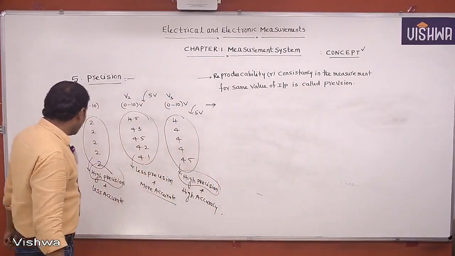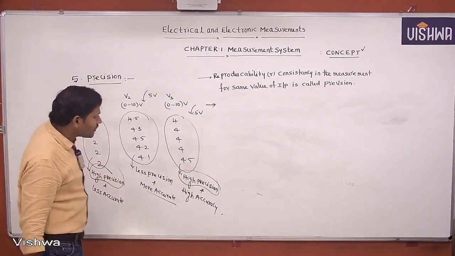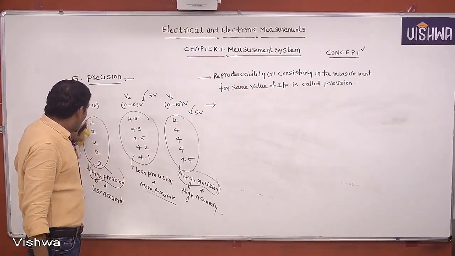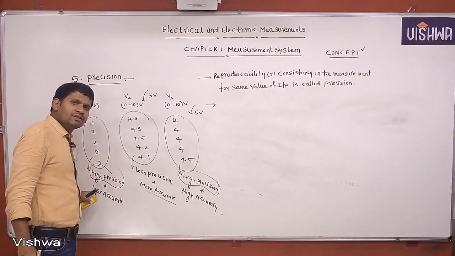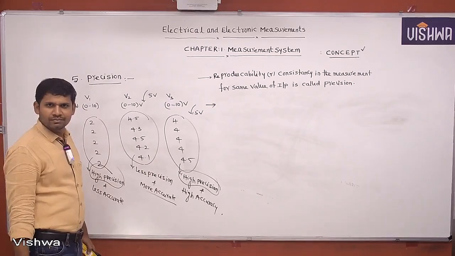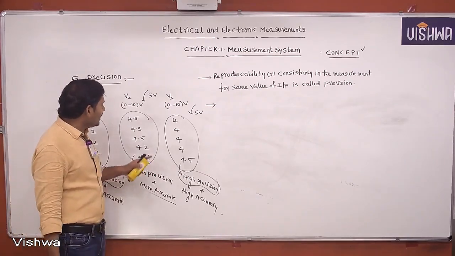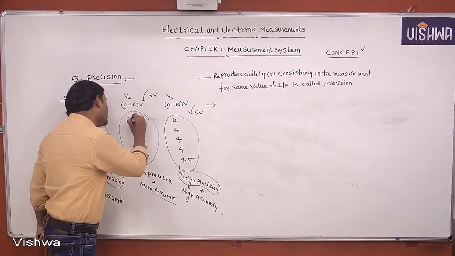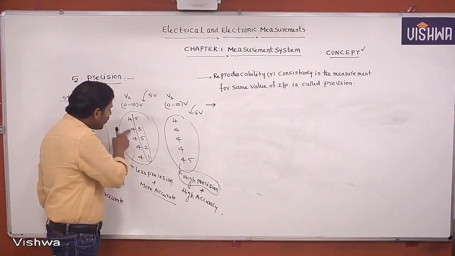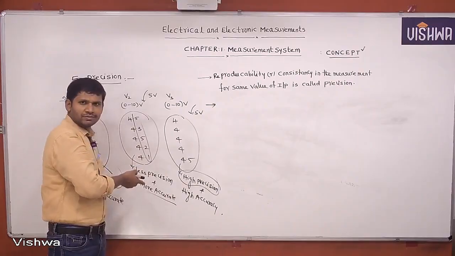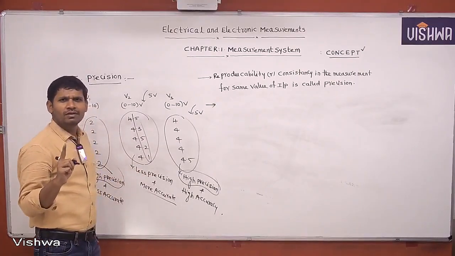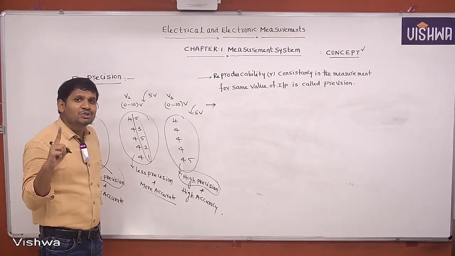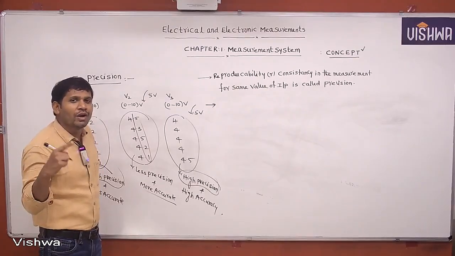Yes, high precision with less accuracy is possible, less precision with more accuracy is possible, and high precision with high accuracy is also possible. But the point to remember: high precision does not indicate high accuracy. Here I took 4.5, 4.3, 4.5, 4.2, 4.1; when I don't consider the decimal point, I take 4, 4, 4. This also indicates high precision. So, an important statement: all precise instruments may not be accurate, but all accurate instruments may be precise.